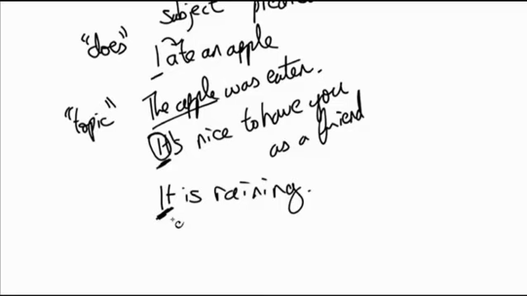That's not a very good sentence. We don't say weather is raining. And we don't say clouds are raining. It is raining. Well, what is it? I don't know. That's the truth. It's one of these funny English sentences. So English has these funny subjects which don't do the verb and they aren't really the topic, right?